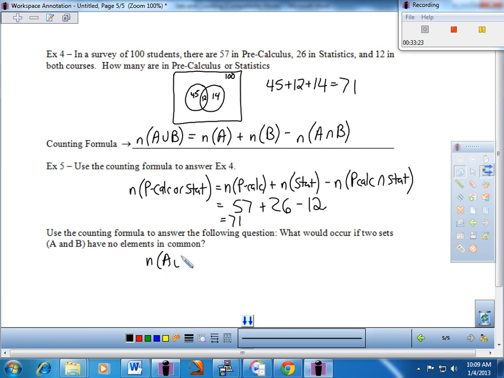The number in the union would just be the number in A plus the number in B. Again, this would only be if the intersection is equal to 0. So if you don't have any overlap, then what we're doing is just adding the two together. And we'll see this a lot in probability. Using the word "or" typically translates into addition. We will definitely see that piece.